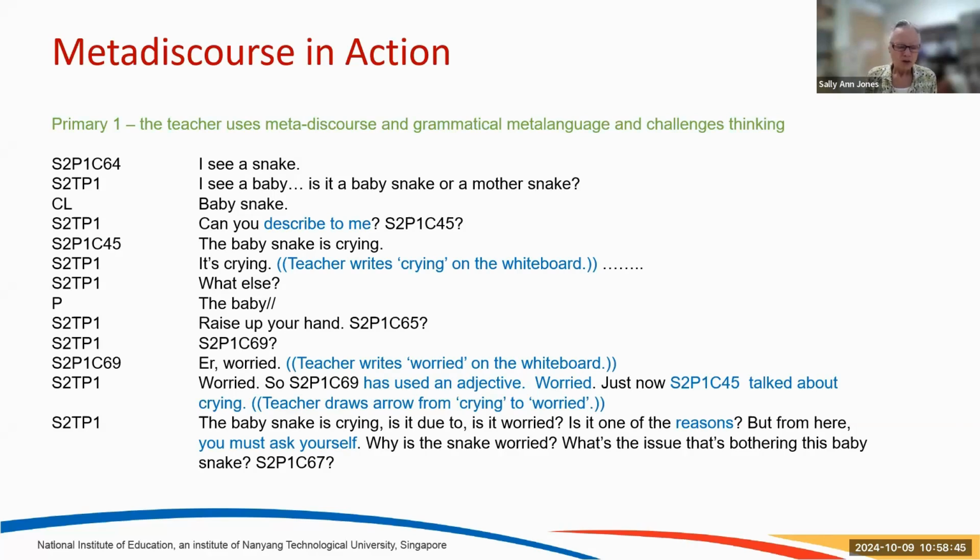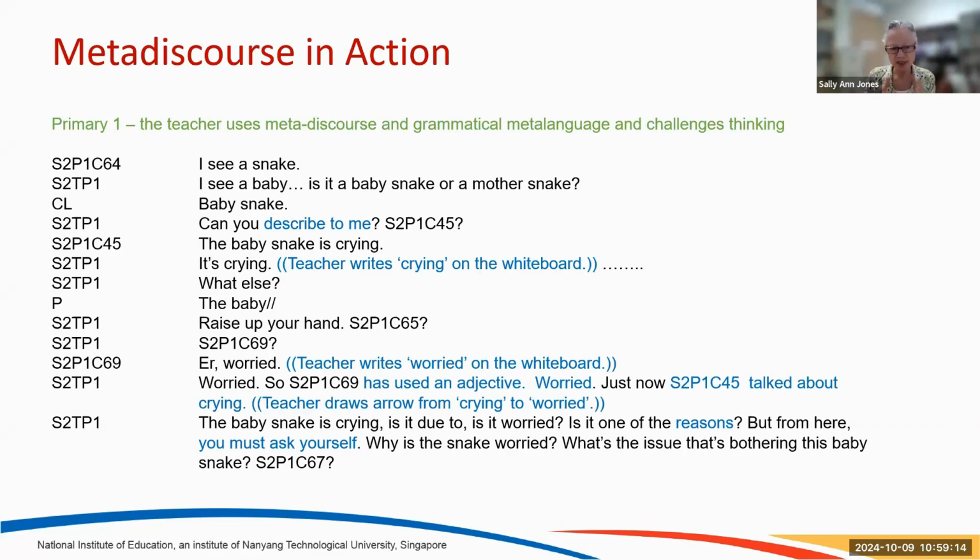Okay. So the teacher's meta-discourse consists of words like describe, reasons, you must ask yourself. And the meta-language is her use of the term adjective to describe worried. She names children, so she's making others notice the language spoken by that child.